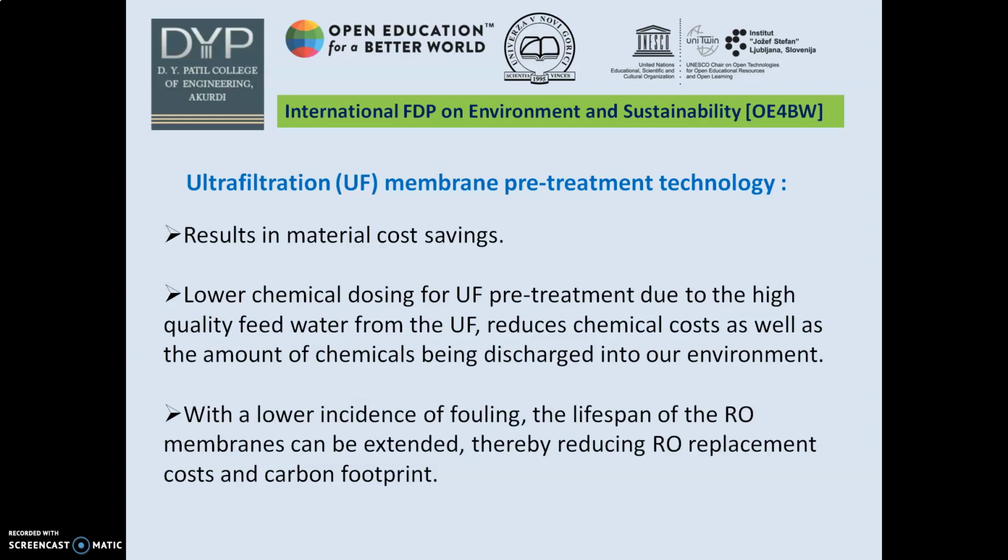Lower chemical dosing for UF pre-treatment: the high quality feed water from the UF reduces chemical costs as well as the amount of chemicals being discharged into our environment. With a lower incidence of fouling, the lifespan of the RO membranes can be extended, thereby reducing RO replacement costs and carbon footprint.